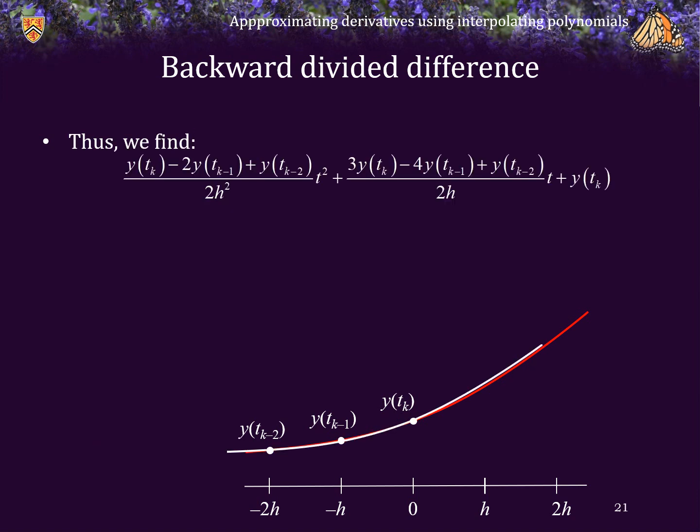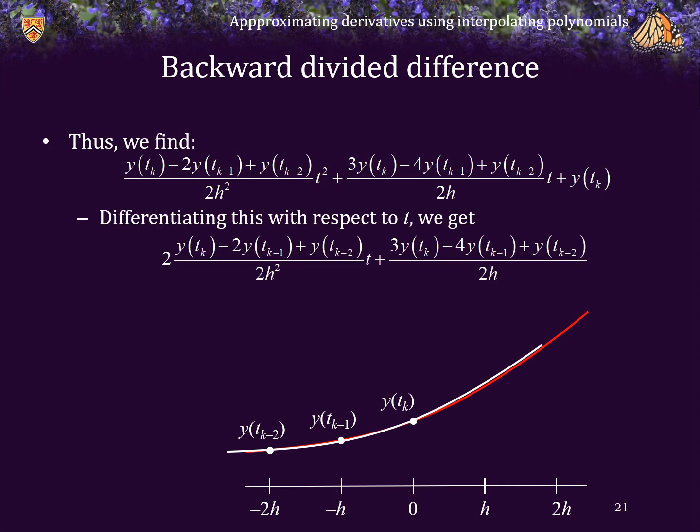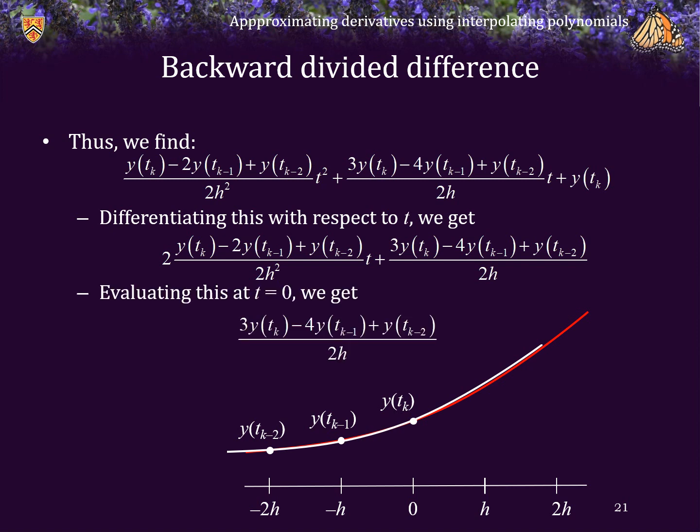So if you were to find the interpolating quadratic, you would find this formula here. It's a quadratic in t. So we will differentiate this quadratic with respect to t, which gives us this expression here. And if we evaluate this at t equals 0, that first term disappears, and we're left with the constant term.